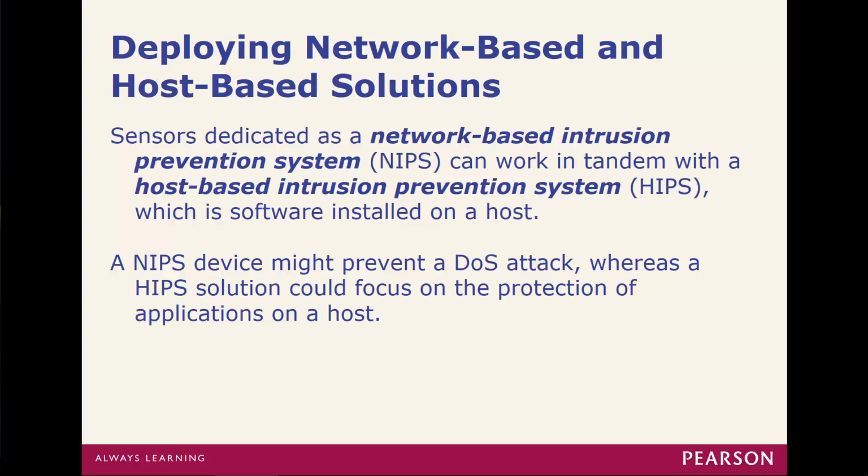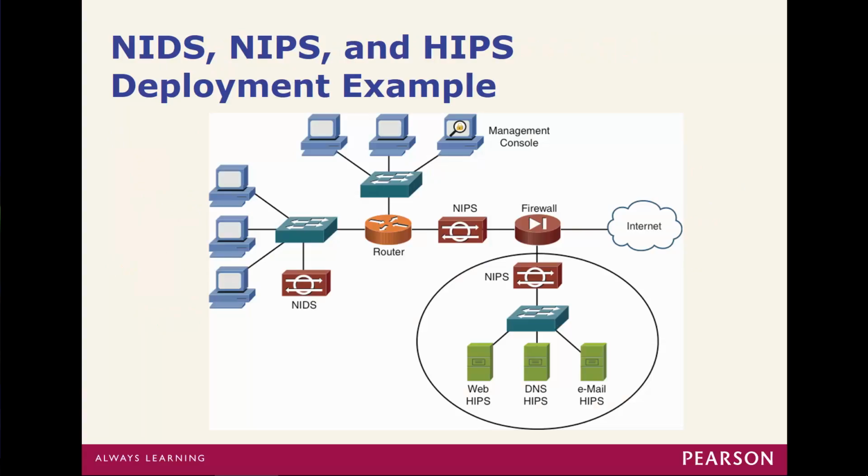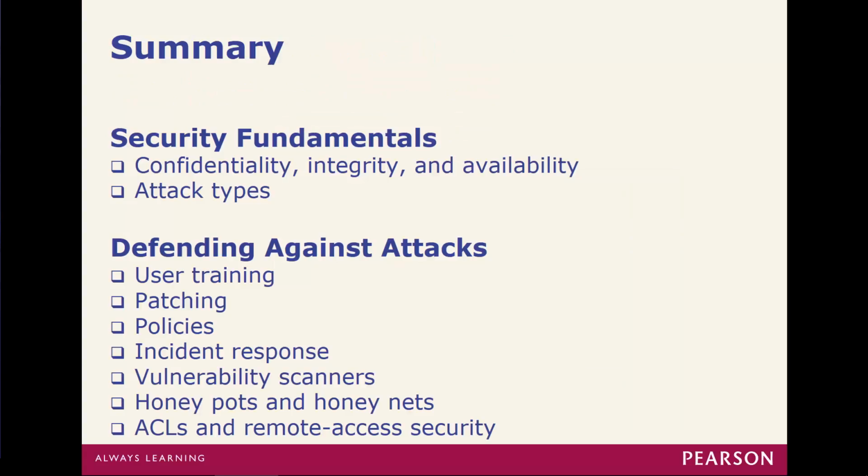For example, a DDoS attack is going to be tied to the network. So a network IPS may be able to drop the DDoS attack, whereas the host IPS would not be able to. So for some deployment examples, we may have a network IPS close to the firewall, and we may then have some host IPSs on machines.